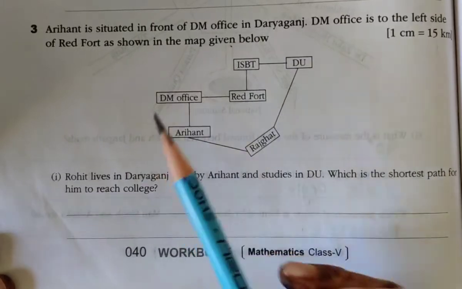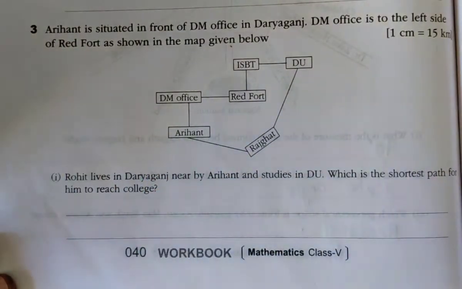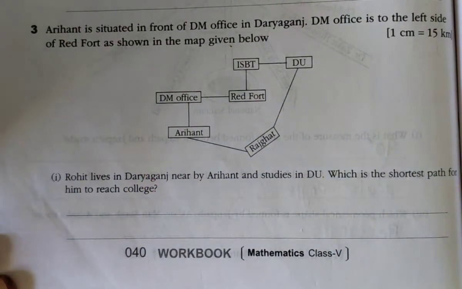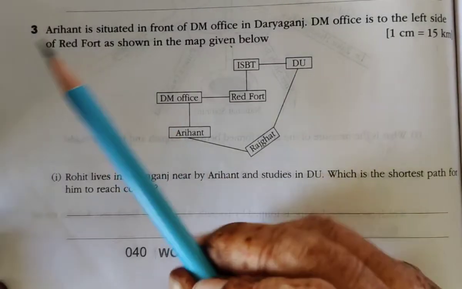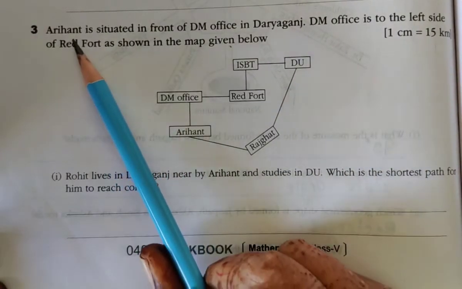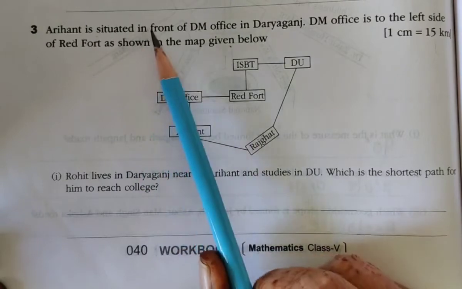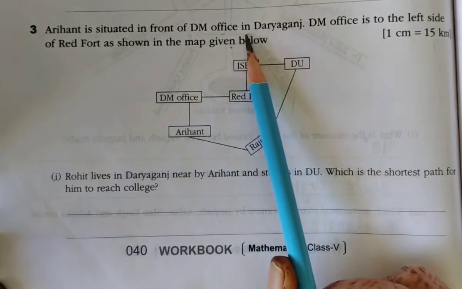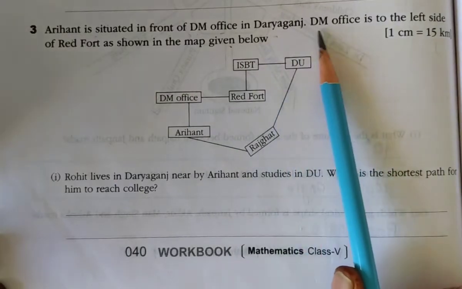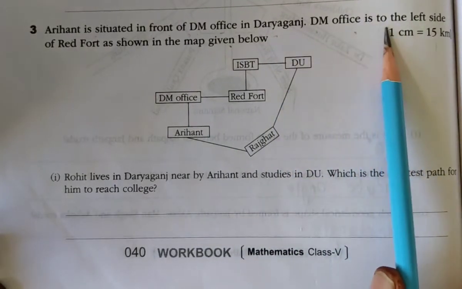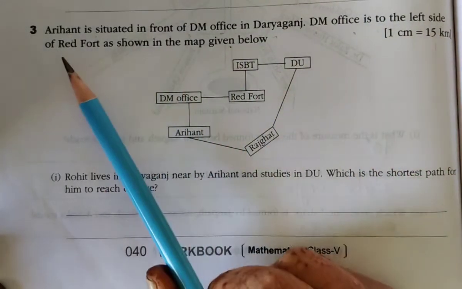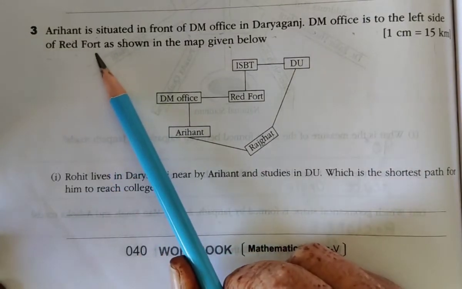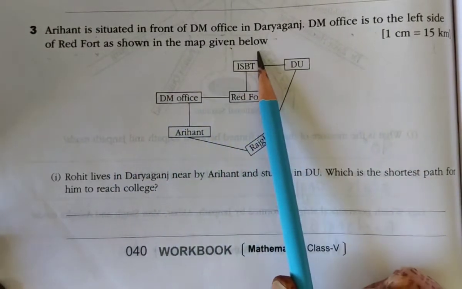Okay students, we are going to see the third question of your practice workbook, correct? It is written here, Arihant is situated in front of DM office in Daryaganj. DM office is to the left side of Red Fort as shown in the map given below.